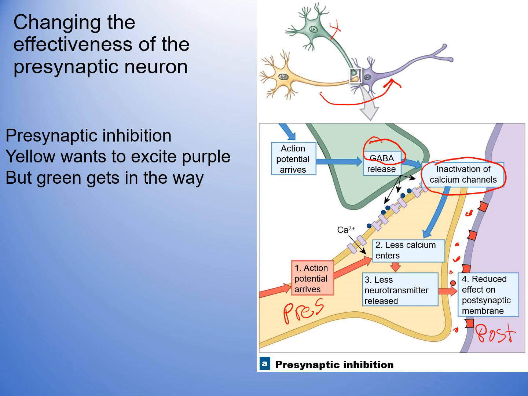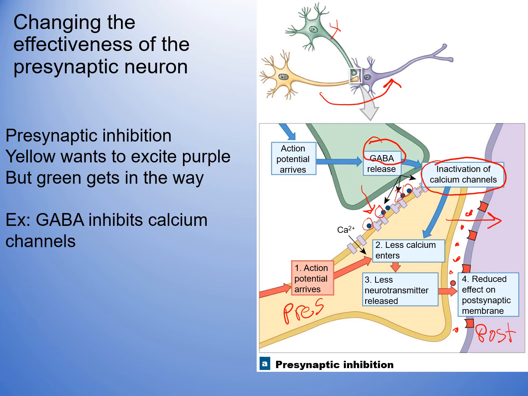No calcium moves in, and there's no exocytosis of the neurotransmitter. Think about this again. Yellow is trying to communicate with purple by releasing its neurotransmitters, but green is releasing its own neurotransmitter that blocks these calcium channels. This is what is called presynaptic inhibition.